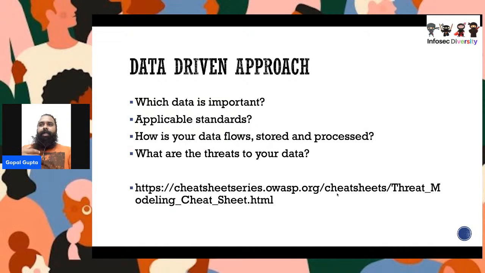Your attackers, the adversaries, would not be interested in something which is not useful for them. They would be interested in something which is very valuable. So if your system is not having something very valuable, they might not be that interested. It is not like they will not be interested at all, but they might not be interested much in your data. So that gives you the leverage.